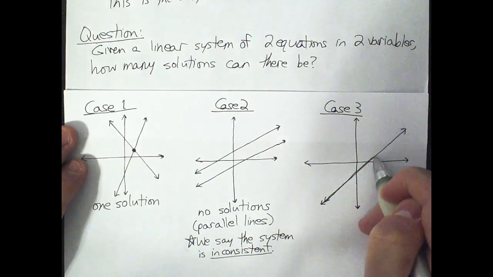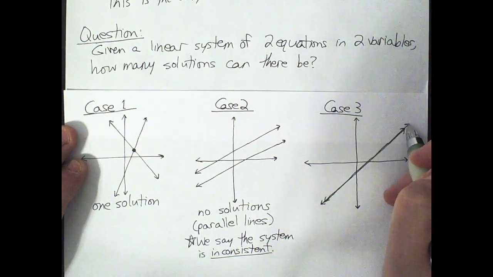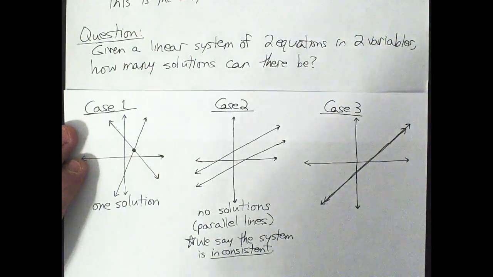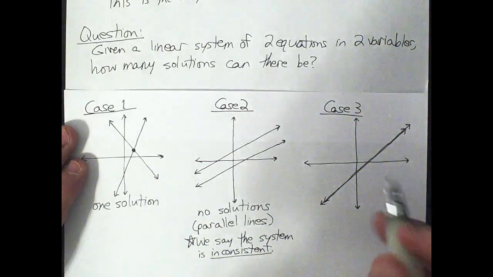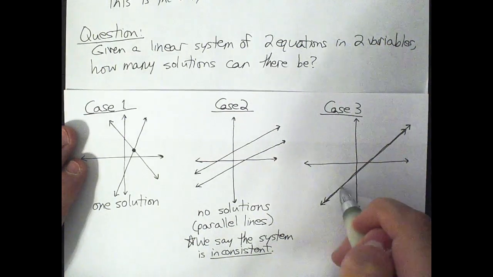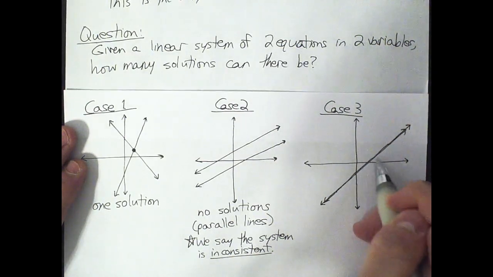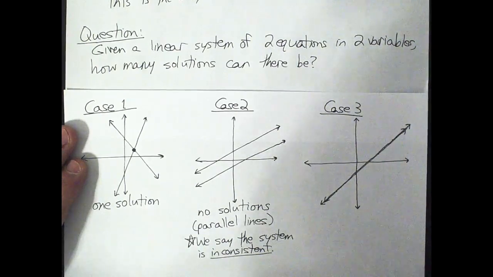What I'm trying to do here is show two lines that overlap exactly. If that happens, well, what are the points of intersection? I mean, they intersect here and here and here and here. How many points are on this line? There's infinitely many places where these lines are touching each other.